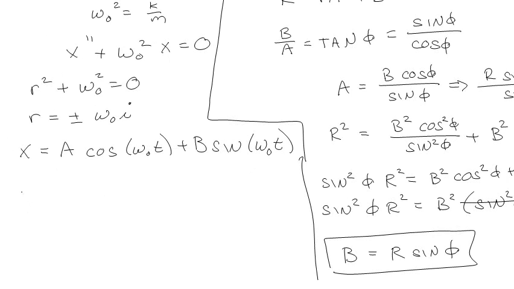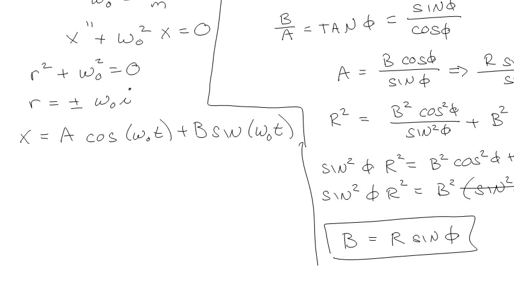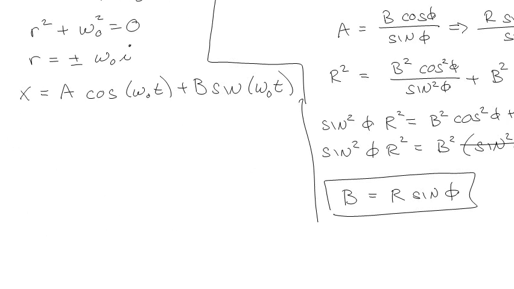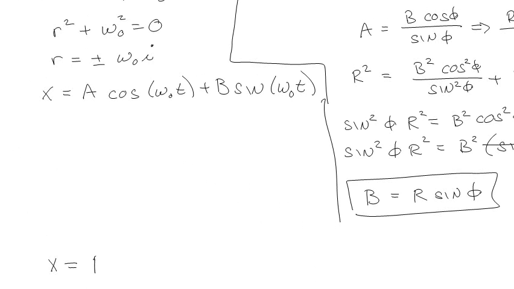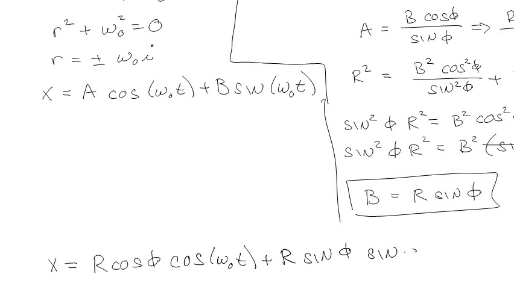So let's go ahead and plug these in. It'll be awesome. You're going to love this. So I have a equal to r cosine phi times cosine omega t, plus b, which is r sine phi, times sine omega t. You're going to be like, this isn't helpful.